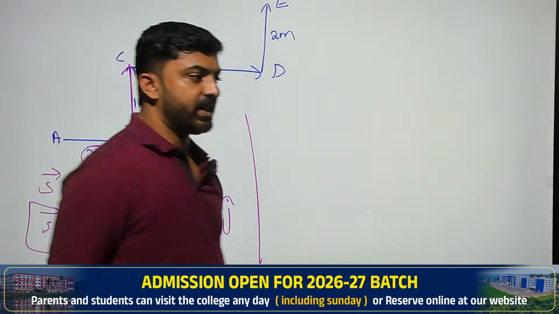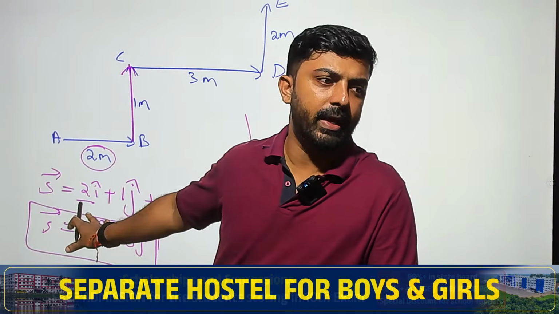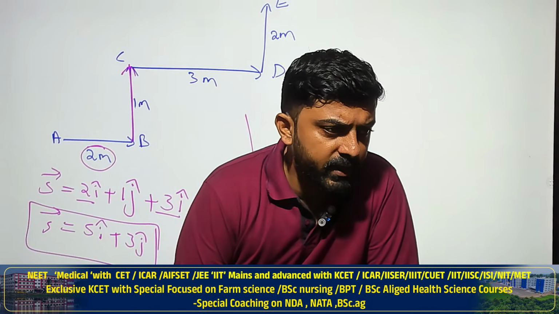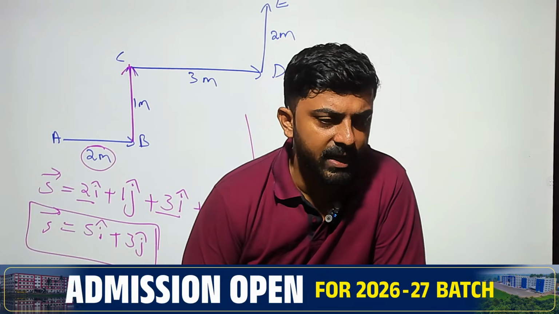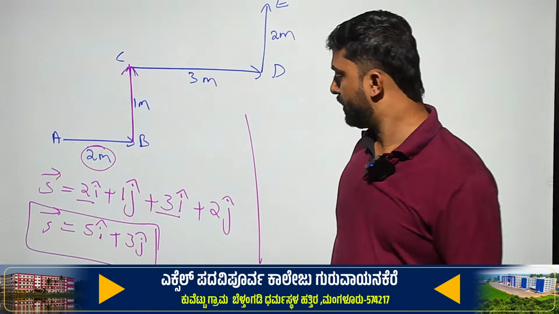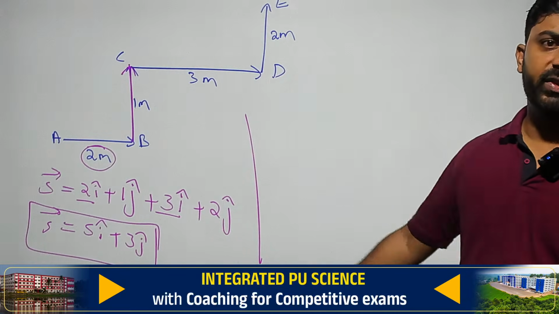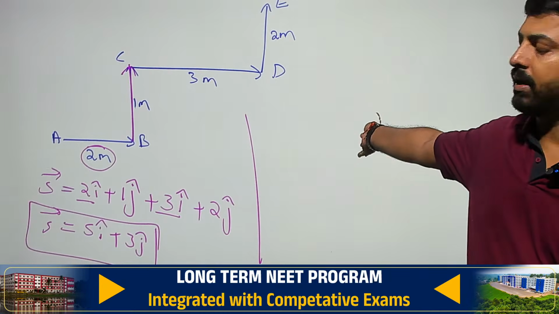In physics, displacement can be represented in vector form as well as in the magnitude form. Okay. In the competitive exam, they will ask the answer sometimes in vector form and sometimes in the magnitude form. This is the vector form. The options you may have in the vector form, or you may have it in the magnitude form.